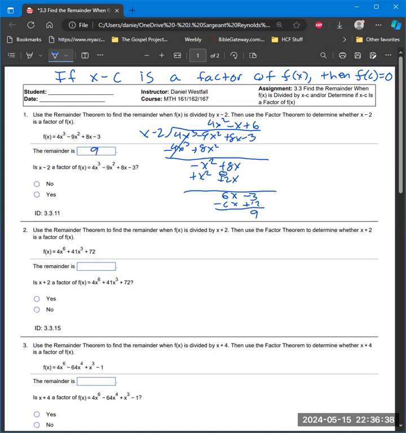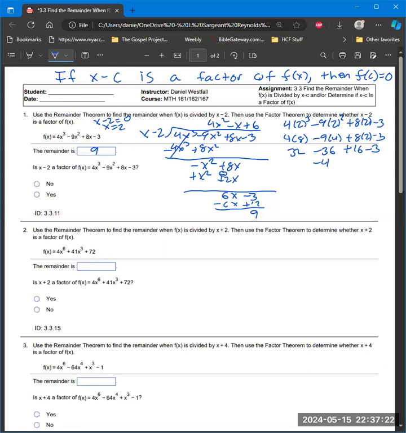Now let's see if there's another way that I could have gotten that 9. If I would have taken this linear factor of x minus 2 and set it equal to 0, I would have gotten x equals 2. And let's see what f of 2 is. 4 times 2 to the third minus 9 times 2 to the second plus 8 times 2 minus 3. 4 times 8 minus 9 times 4 plus 8 times 2 minus 3. 32 minus 36 plus 16 minus 3.